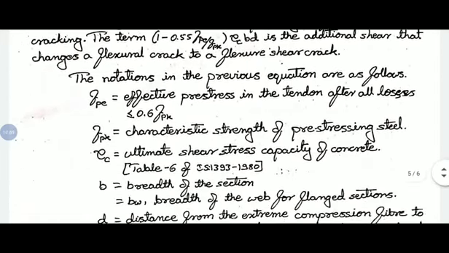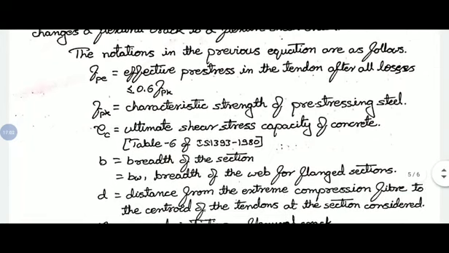So the notations in the previous equations are as follows, what we have considered in the previous one. FPE, effective pre-stress in tendon after all losses, which will be less than or equal to 0.6 FPK. FPK, characteristic strength of pre-stressing steel. Then tau C, ultimate shear stress capacity of concrete; this will be obtained from IS 1343:1980, table number 6.